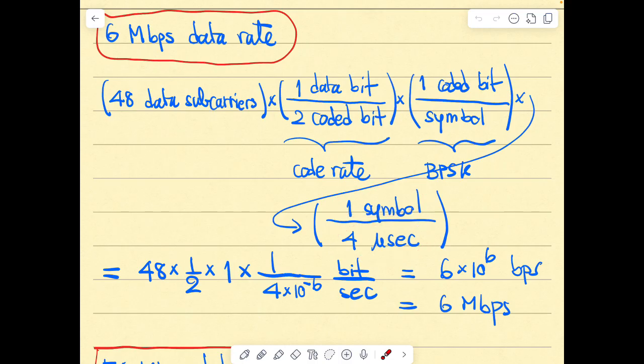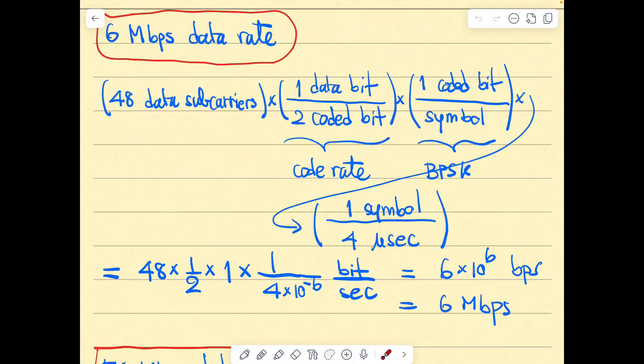If you multiply everything together, we have 48 data subcarriers, each with 1/2 code rate, meaning one data bit per 2 coded bits. Then one coded bit is represented by one BPSK symbol, and one symbol takes 4 microseconds.